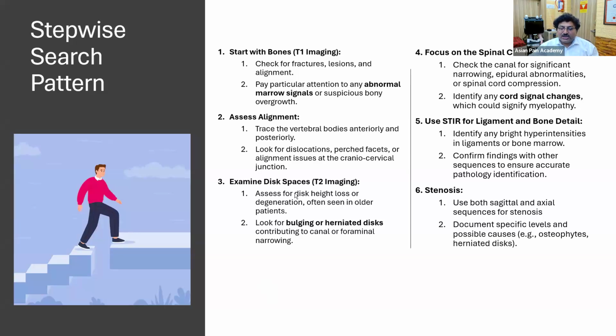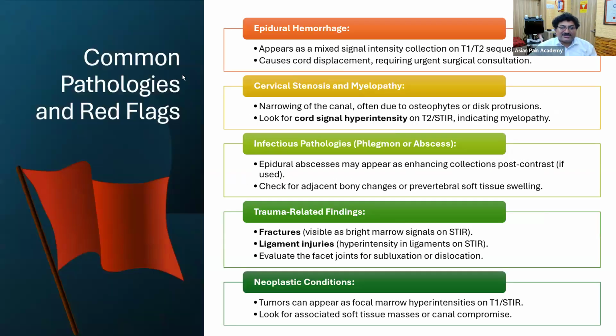Disc degeneration, bulging or herniated disc can be examined with the T2 image. Then focus on the spinal canal and the cord and look for cord signal changes, and also check the STIR, especially for the ligaments and bony defects. If there is any stenosis, look for that as well and document the possible causes at the specific level, whether you suspect it is coming from osteophytes or a herniated disc, etc.